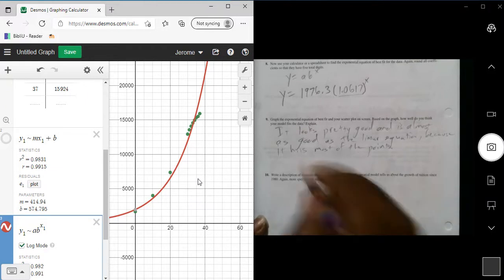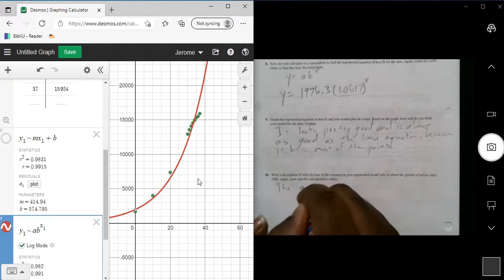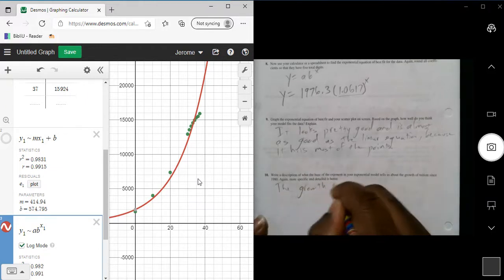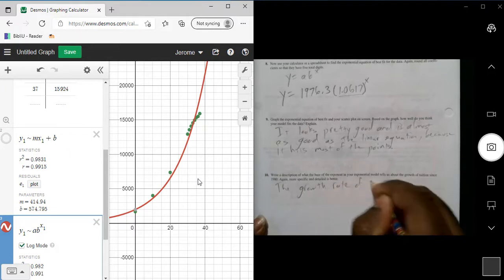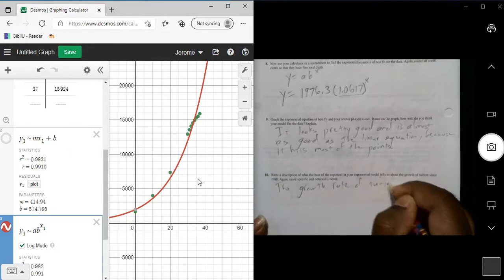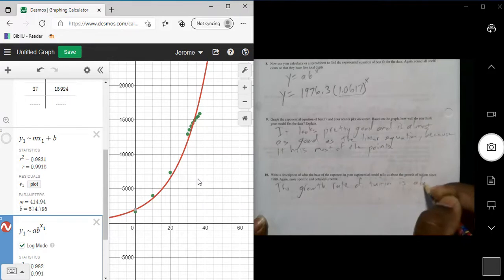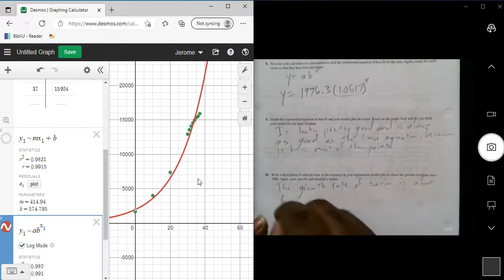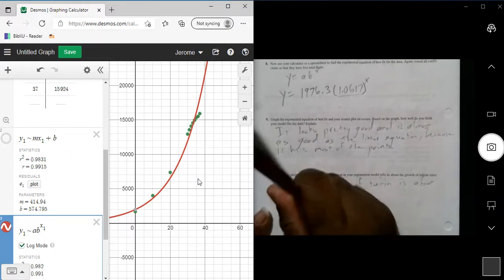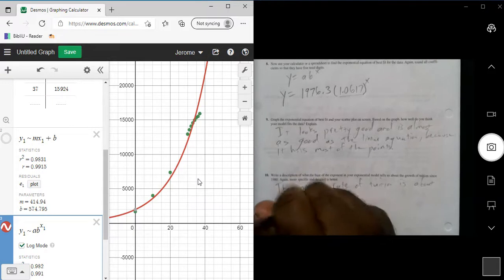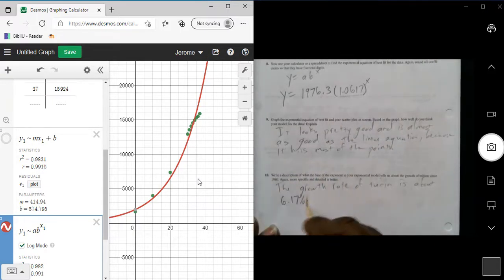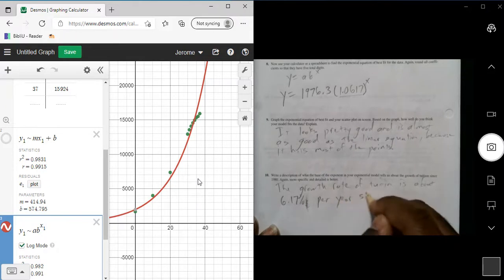So we could say the growth rate of tuition is about 6.17% per year since 1980.